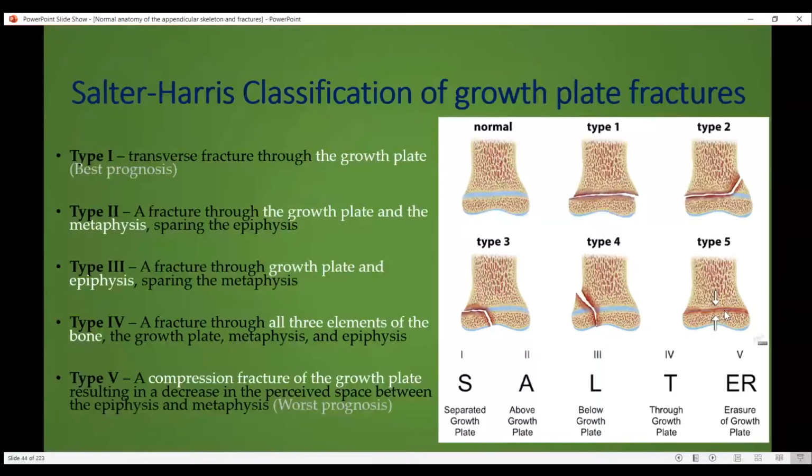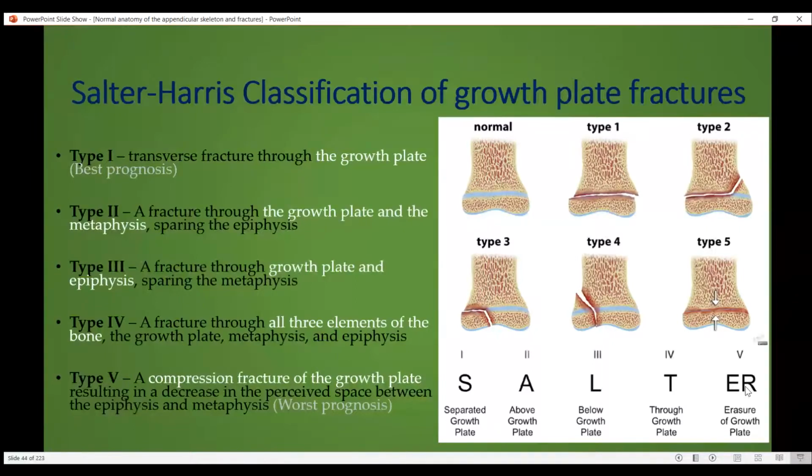So how can I remember this Salter Harris classification in a very fast way? It can be remembered in the easiest way by just remembering the spelling of Salter. Salter, Salter. That's how that classification is there.